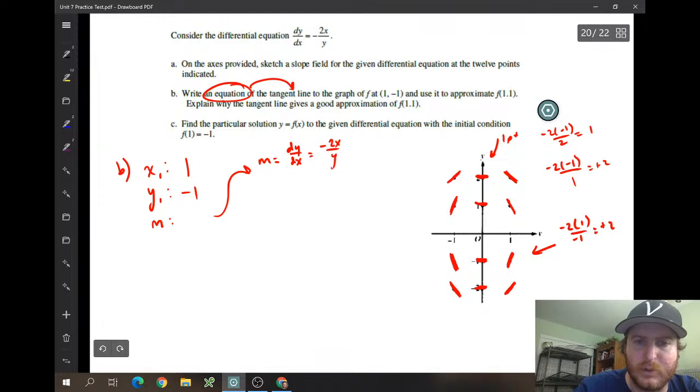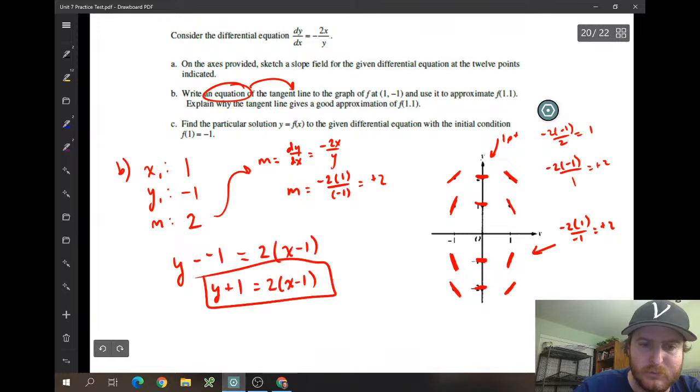Okay, so my m, I'm going to plug in negative 2 times the x was 1, and the y was negative 1. So it's negative 2 over negative 1 is positive 2. So we get y minus negative 1 equals m times x minus 1. So y plus 1 equals 2 times x minus 1.